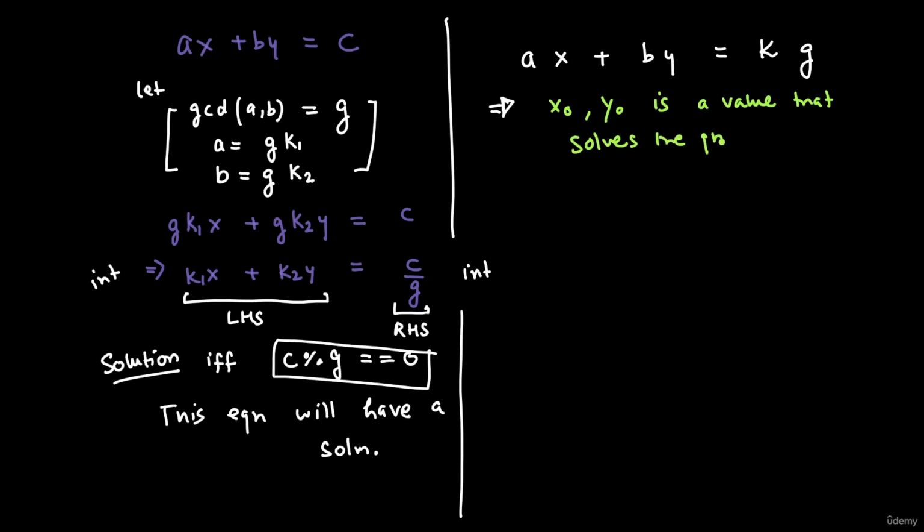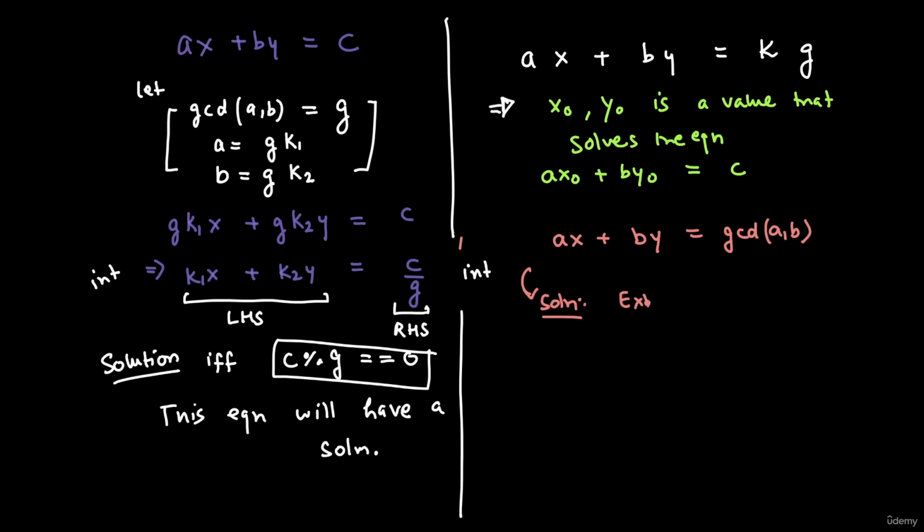So let's write this as a x naught plus b y naught equal to c, and c we have put as k times g. We have also seen an equation of the form ax plus by equals GCD of a comma b, and we know the solution for this equation is given by the extended Euclid's method.